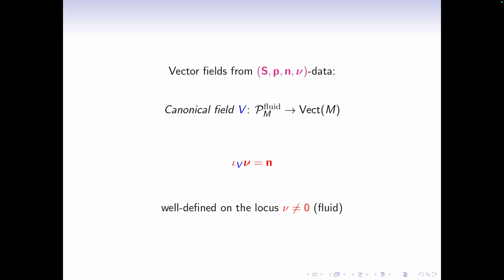As long as nu doesn't vanish, and that's what it takes to be a fluid, that there is some density which doesn't vanish everywhere in spacetime, there's no emptiness, this vector field is well defined. If you look at the integral trajectories, then at each point, this trajectory is tangent to the kernel of the 3-form.